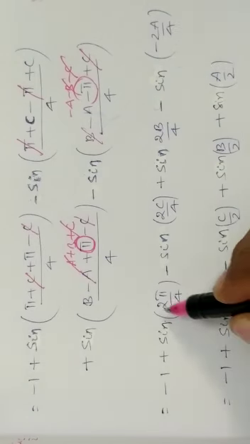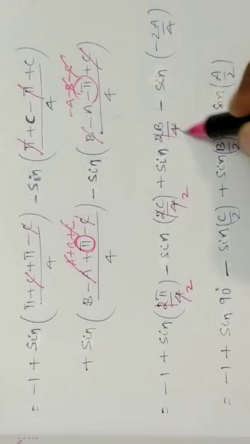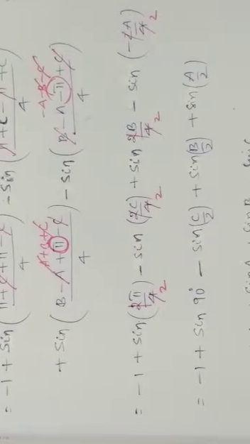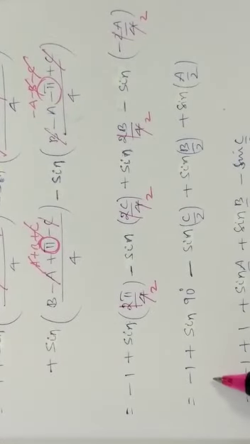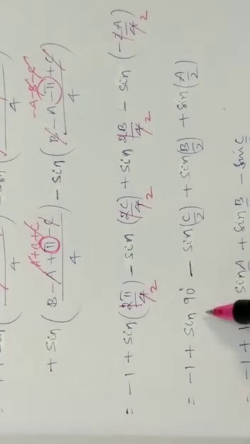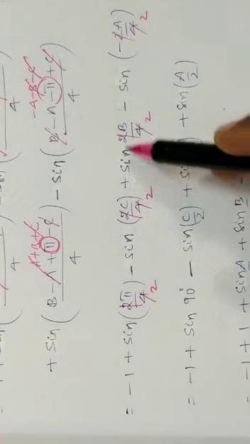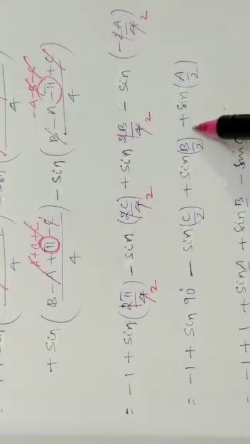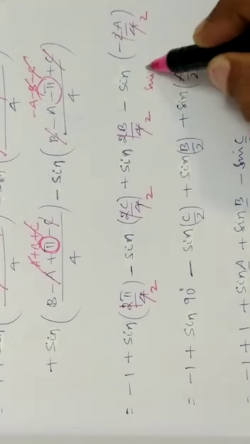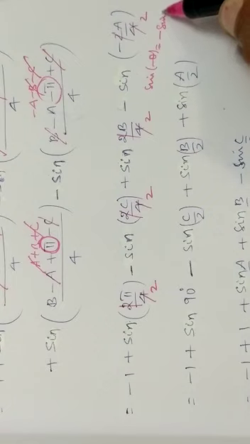We can cancel the 2s here. Minus 1 plus sin(π/2), which means 90, minus sin(C/2) plus sin(B/2), sin of minus theta.